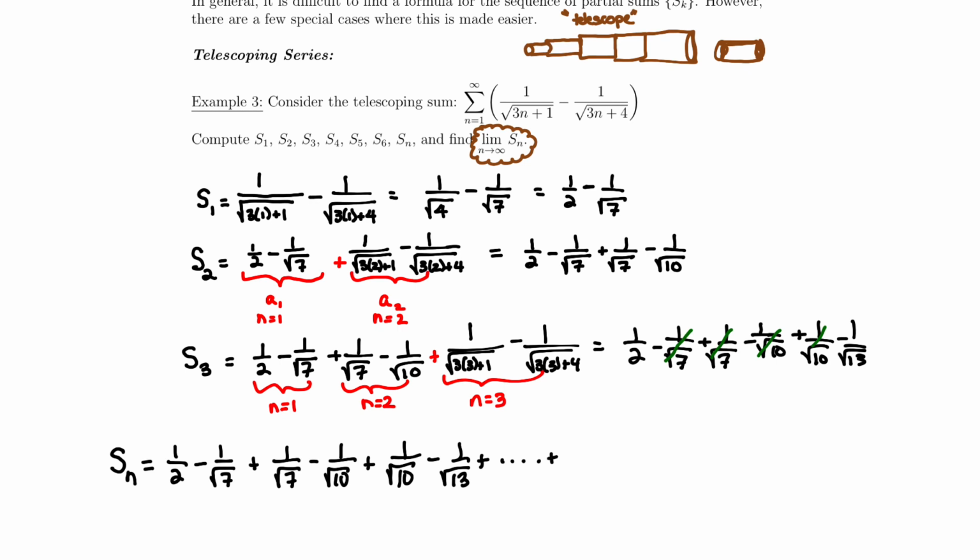But S sub n takes me all the way back to the end. So let me write this out. This is my first term that I add. This is my second term. This is my third term. I want to get in the habit of writing out both my nth term and my n minus first term. I'm telling you this for a reason, not because I'm trying to make you do extra work, but because I've taught this class for so long.